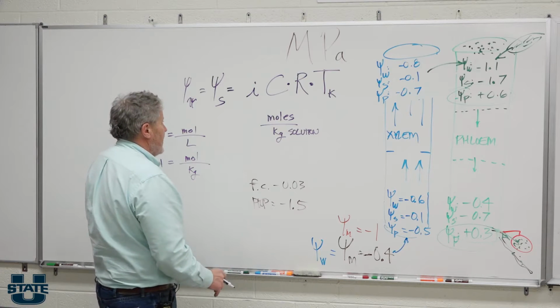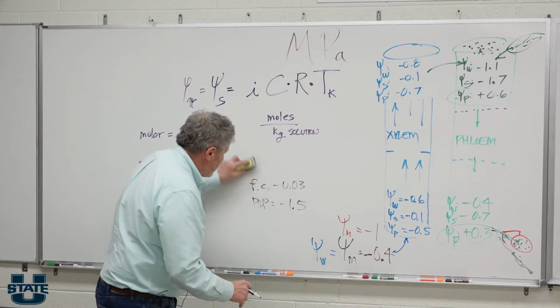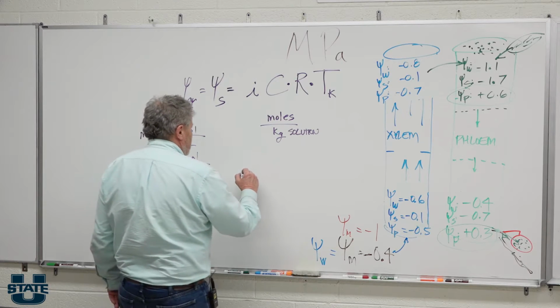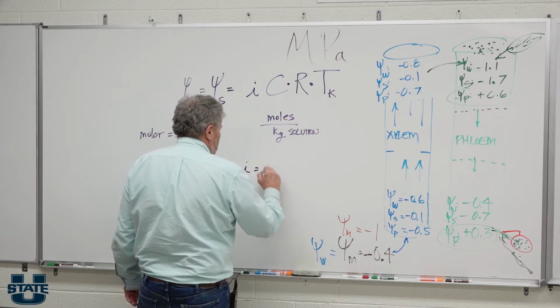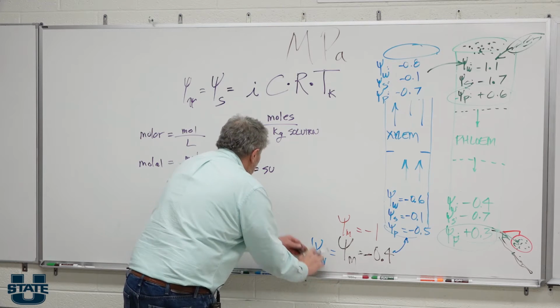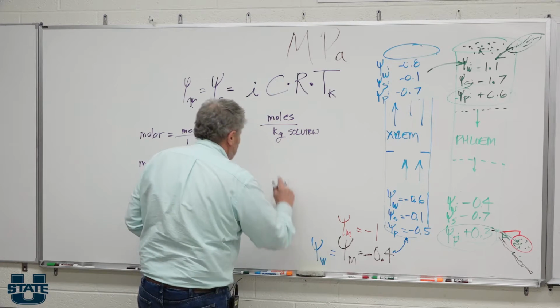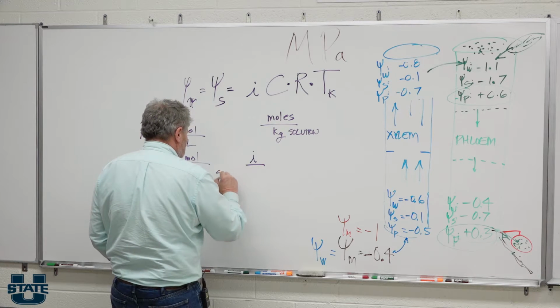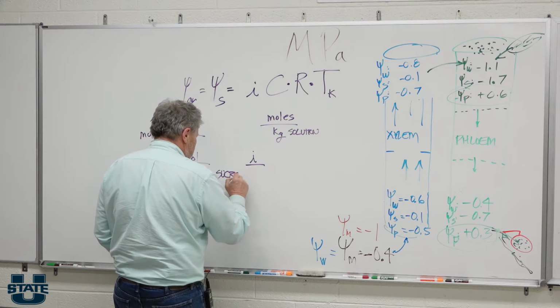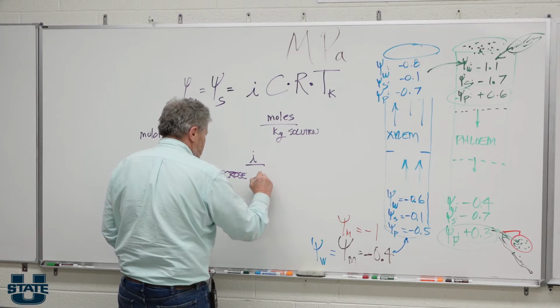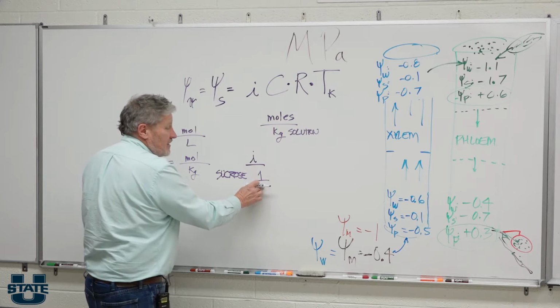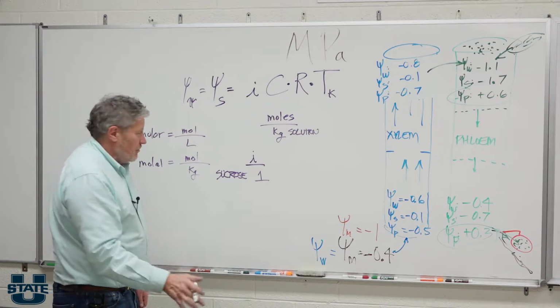And if we have, I'm going to need to erase some stuff to get more room. If we have, here, you write it this way. The ionization constant for sucrose is 1. It's not really an ion, but it's one molecule.